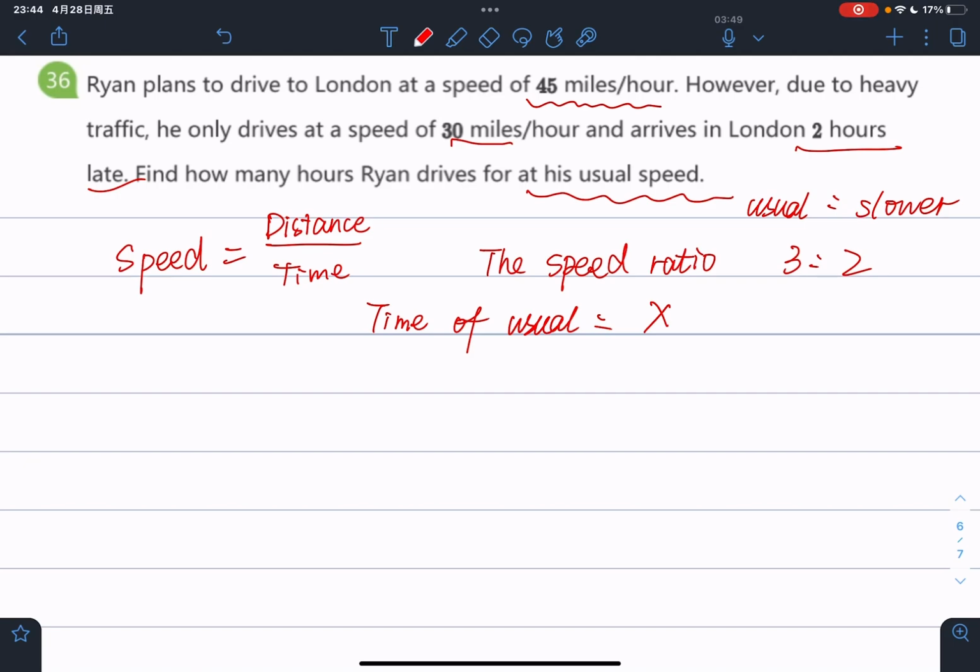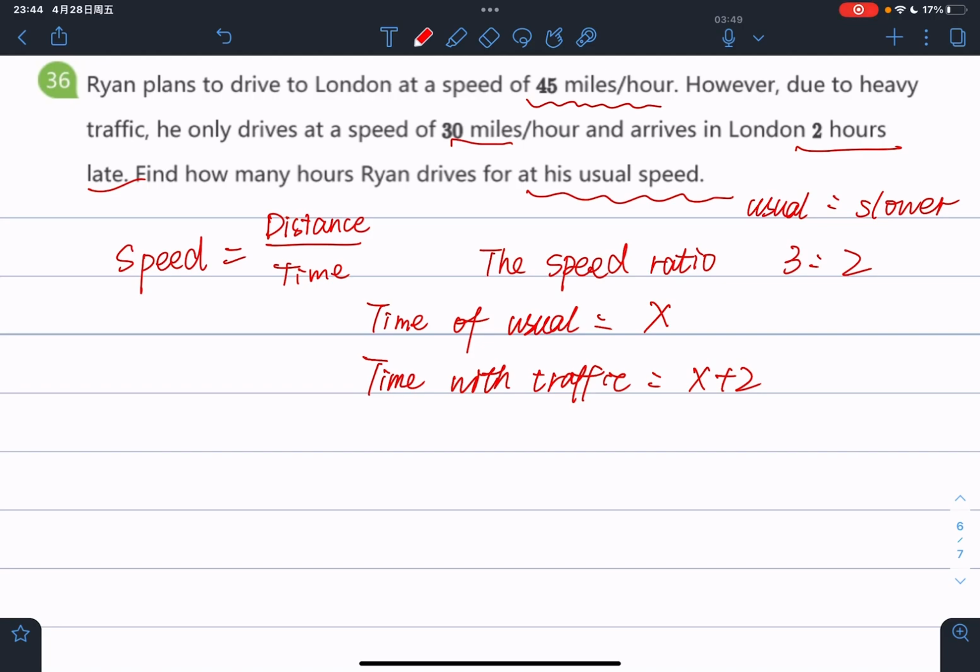Since Ryan arrives 2 hours late at his slower speed, the time he takes with traffic can be represented as x plus 2 hours.